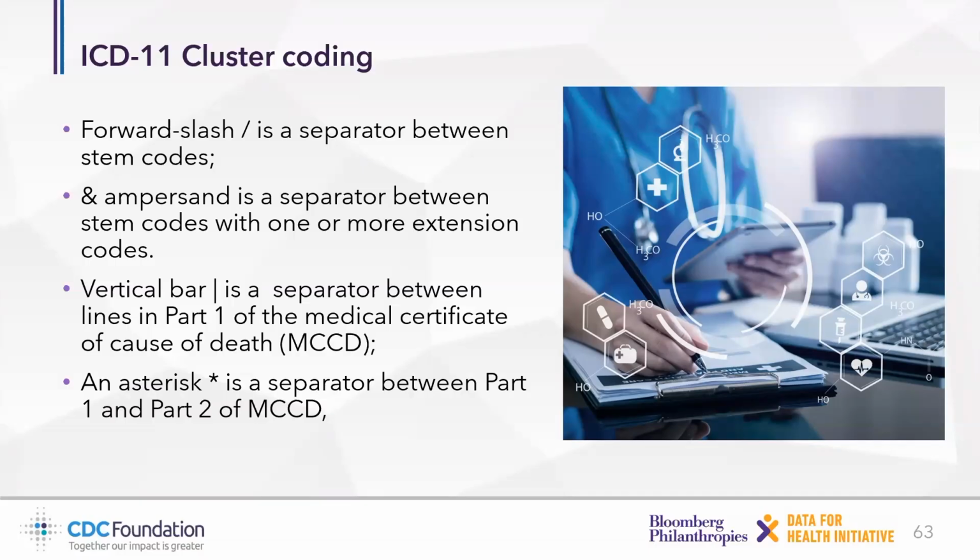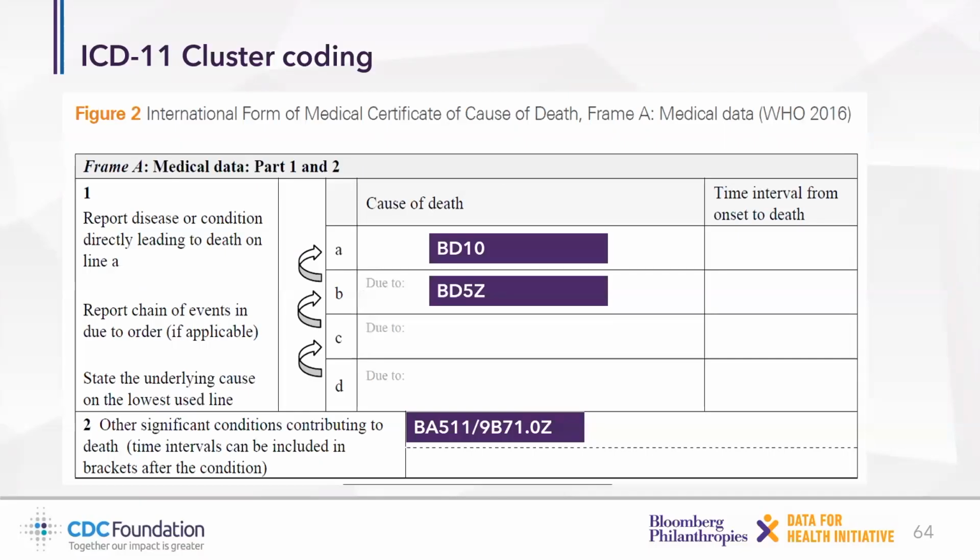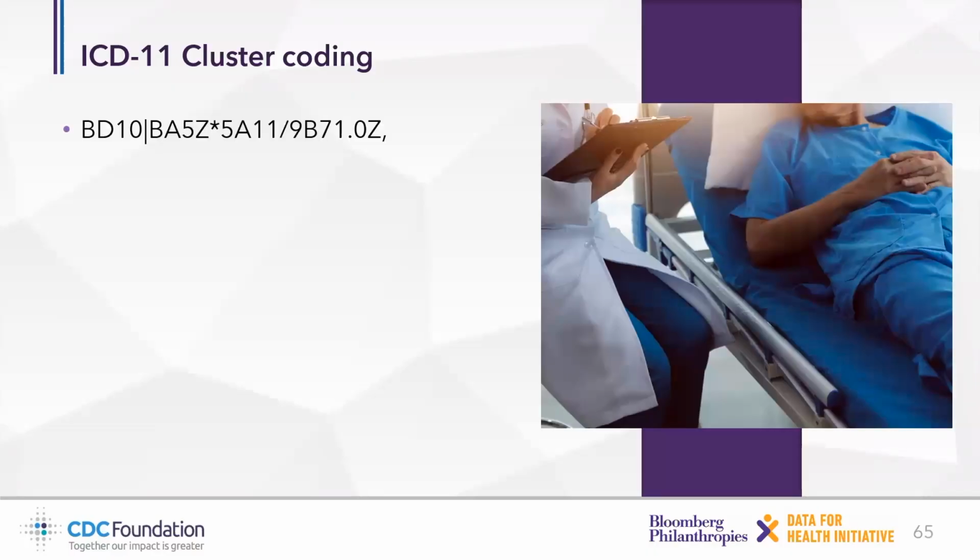In mortality coding, we will probably use these separators or symbols. So here is an example in the medical certificate of cause of death: 1A BD10, 1B BD5Z, and in part 2 there are two conditions, BA511 / 9B71.0Z. So in this cluster, this is how it is indicated.